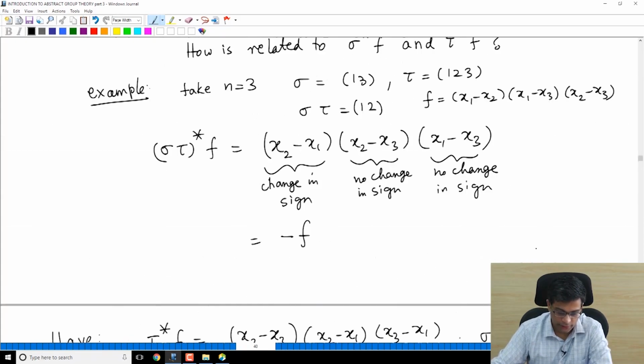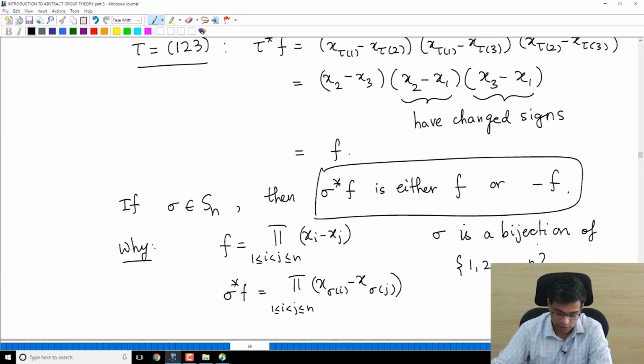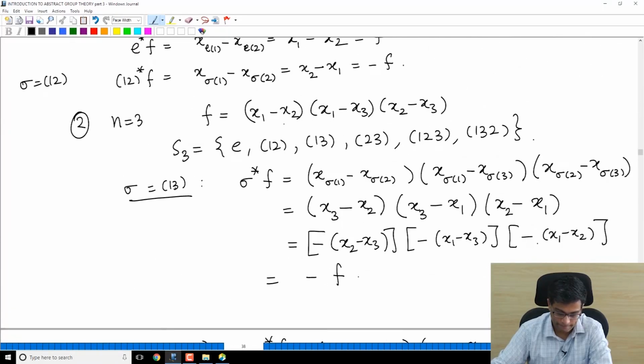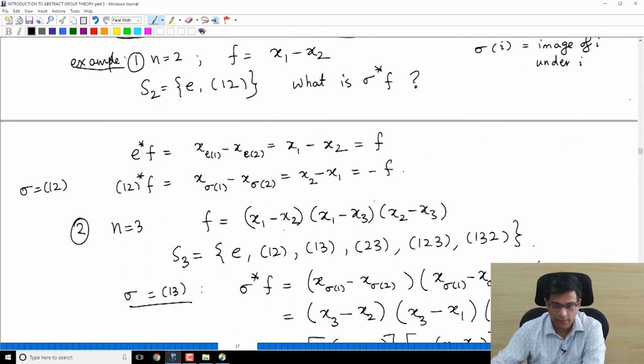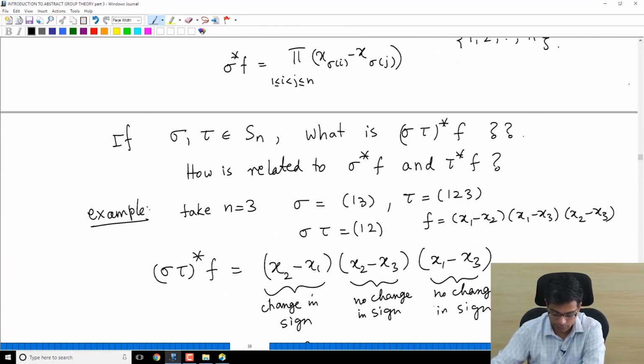Let's go back to the definition of sigma star. I start with f and each subscript I simply change by sigma, right? So I change a subscript by sigma, x sigma i minus x sigma j. Here I am applying it to sigma tau.